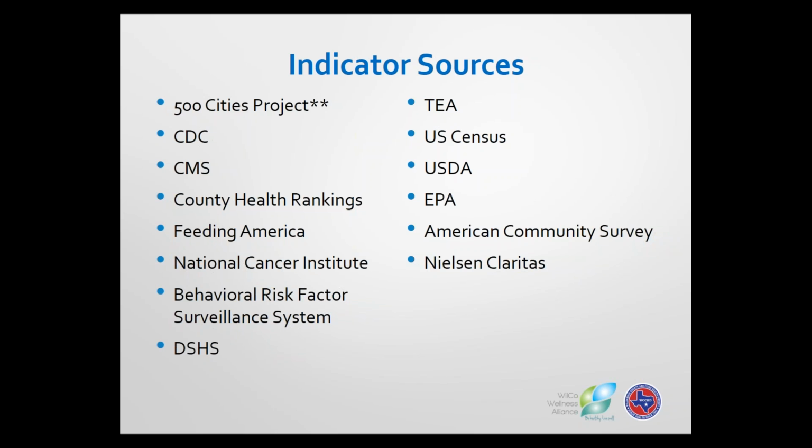Round Rock qualified as one of the top 500 cities in the nation, so we have very localized data for Round Rock on things like smoking, cancer prevention, mammograms, pap smears, etc. We're very excited about that, as well as Nielsen Claritas data, which is up-to-date demographic data. We have information about age, race, ethnicity for 2017. So very excited about that.